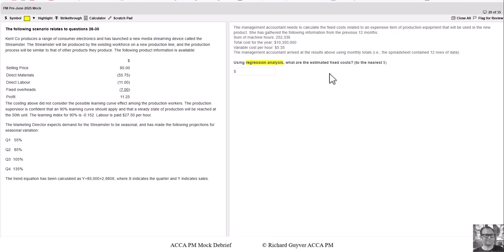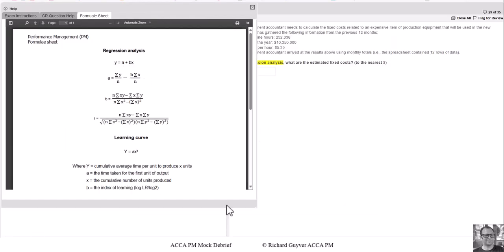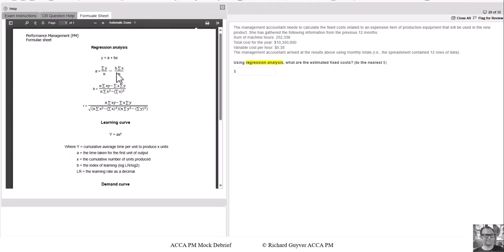So regression analysis is one of the ones that's given to us in the formula sheet. So we're given all 4 of these. The top 3 are all linked together. Y equals A plus BX, where this is A and this is B. This is the correlation coefficient we spoke about earlier.